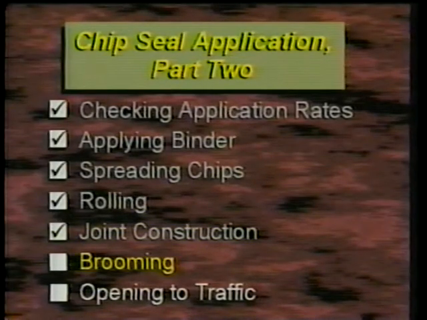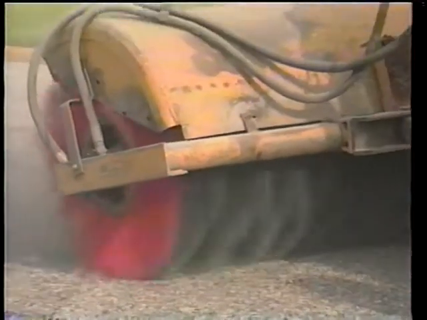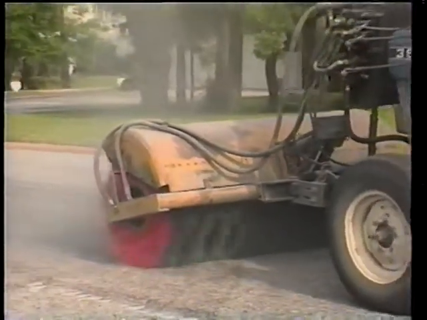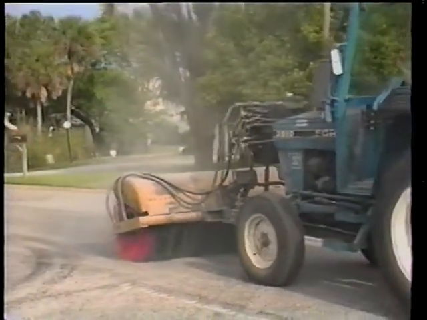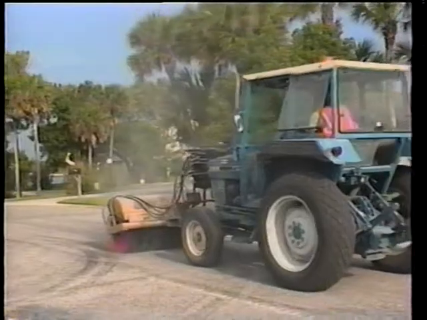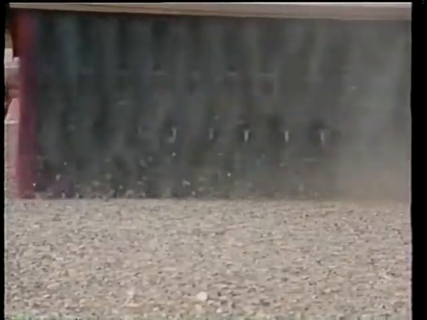Now let's look at brooming. While some amount of loose chips is unavoidable, they need to be removed by light brooming to prevent broken windshields, and also to keep them from dislodging the bonded chips. But be sure the brooming itself doesn't dislodge the aggregate. If it does, suspend it until a good bond has formed between the binder and chips.